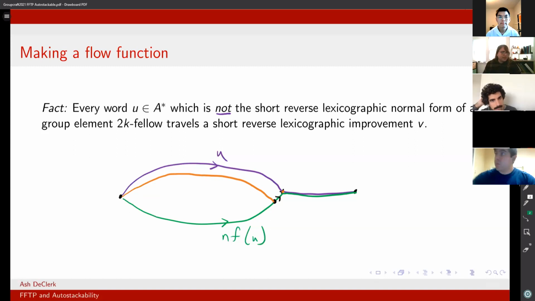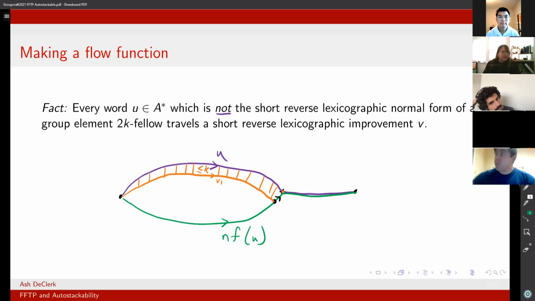And we know that we can find a length improvement that is going to be within k. So at each step here, u is going to k fellow travel. We're going to call this u1. Actually, let's call this v1. And maybe v1 has exactly the length that we need.